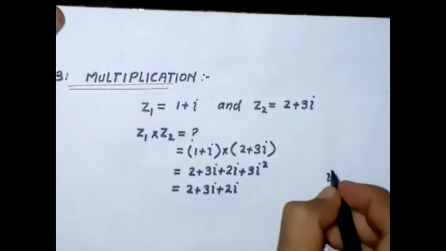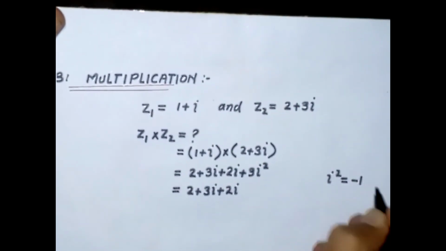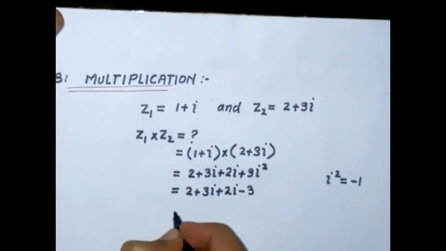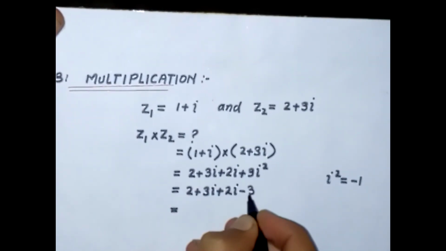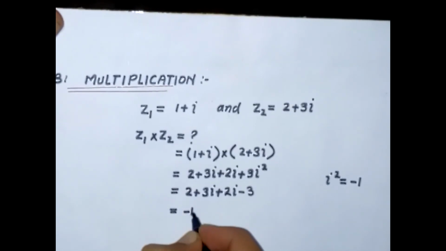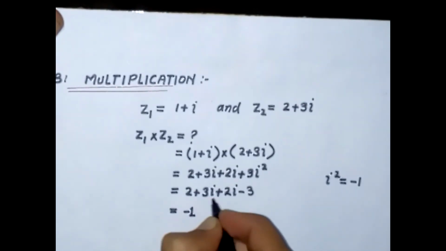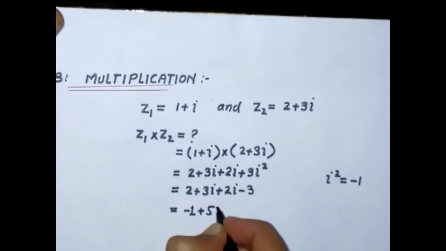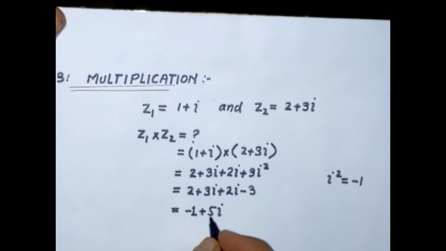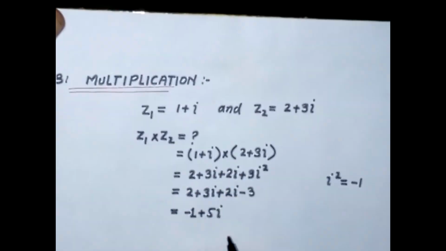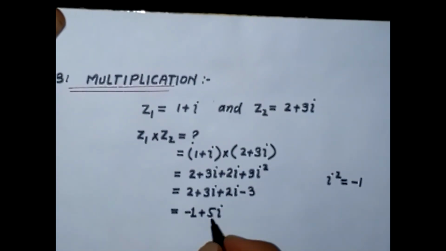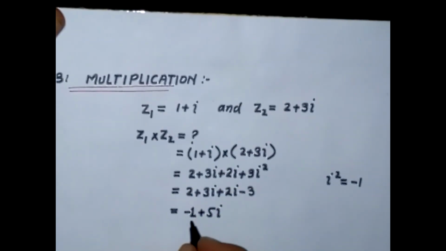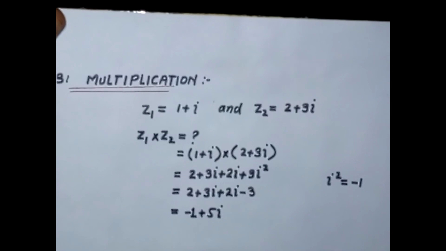Now i square is equal to minus 1, so this becomes minus 3. 2 minus 3 gives minus 1. 2i plus 3i gives 5i. So this is the result of the multiplication of two complex numbers. From this it is clear that the multiplication of two complex numbers is a third complex number.